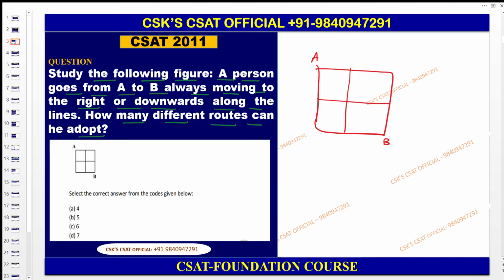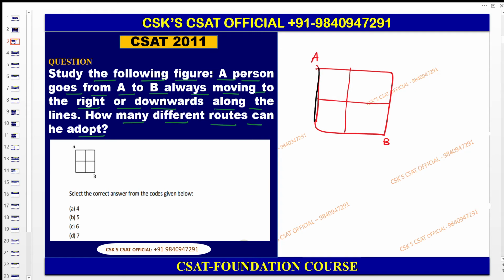Shall I teach you the permutation and combination, or do you want the manual method itself? You can say the manual method is the counting method. You can count manually. Shall I teach you the permutation combination method? Okay, fine. Manual method is simple here.